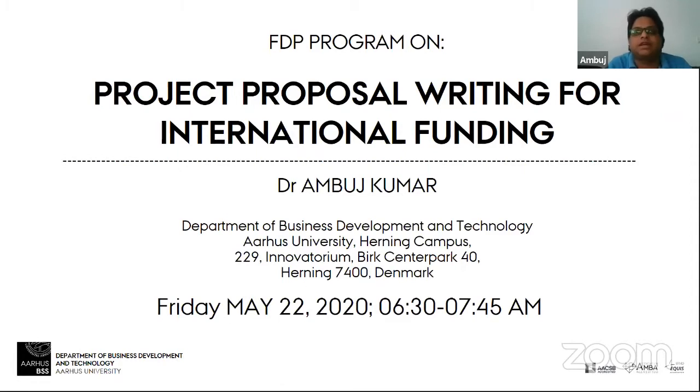Aarhus University is the second biggest university in Denmark, with a capacity of around 40,000 students and staff combined. So it is quite big for a country with a population of only 5 million. And I'm in the 17th largest city, with a population of 47,000. So you can imagine the ratio of education versus the population.